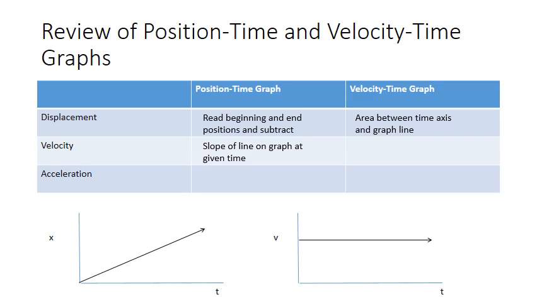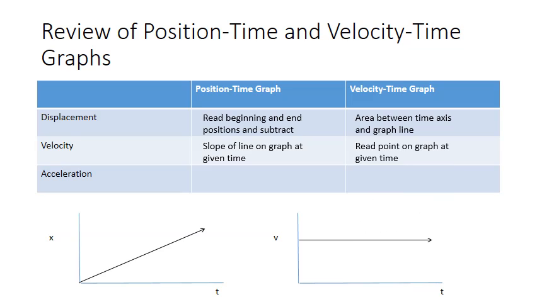The graph that's on the bottom left is a position time graph, and if I pulled 2 points off of it and found the change in position, the change in the y-axis, over the change in time, the change in the x-axis, I could figure out what the velocity is. That's the definition. Now, velocity on a velocity time graph is pretty easy to read.